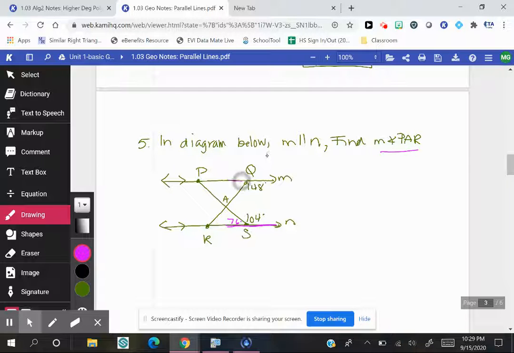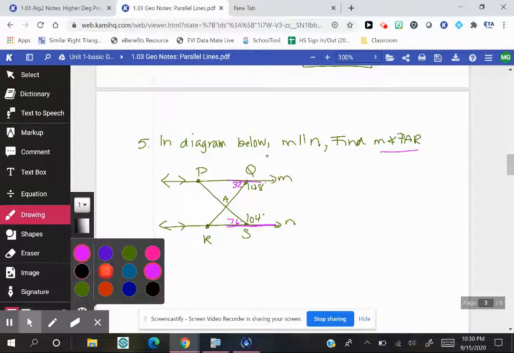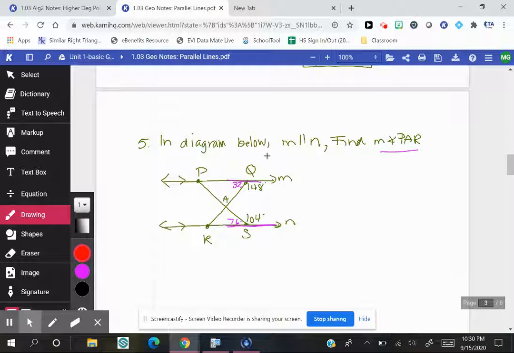I might do the same up here. And that would be 180 minus 148. And that would be 32. We know that these two lines are parallel to each other. So if I trace here, again, tracing is always really helpful.